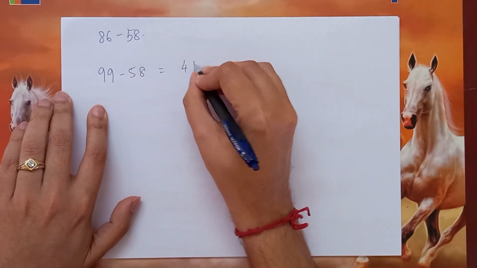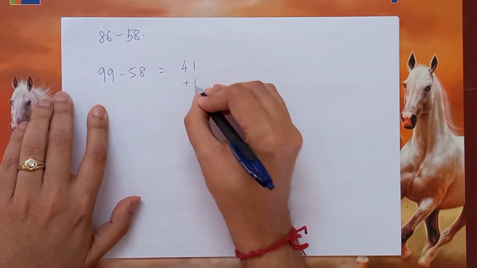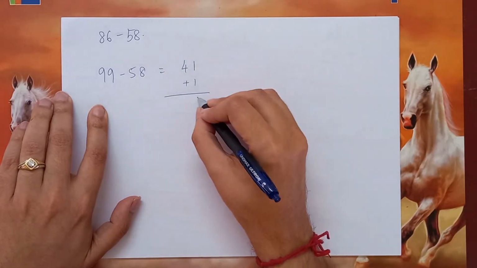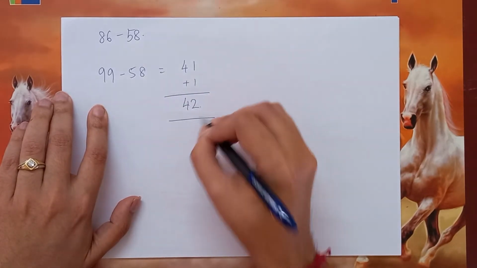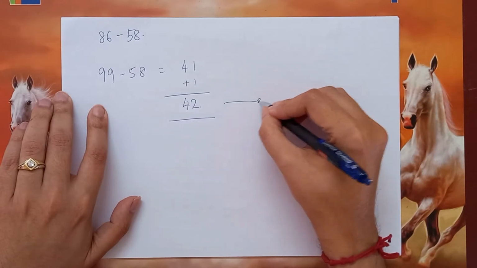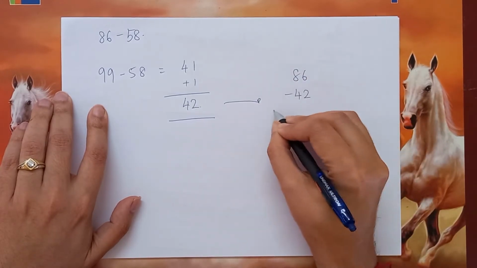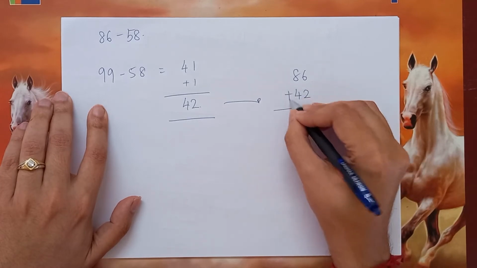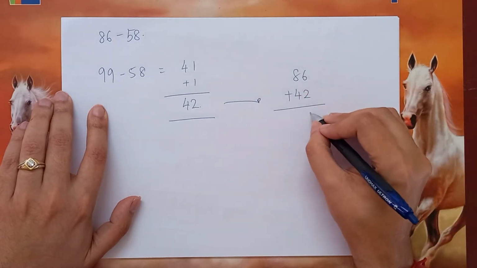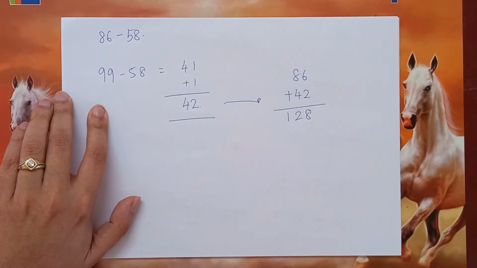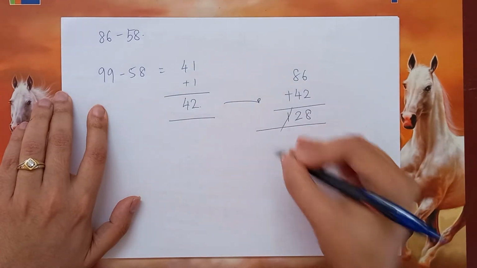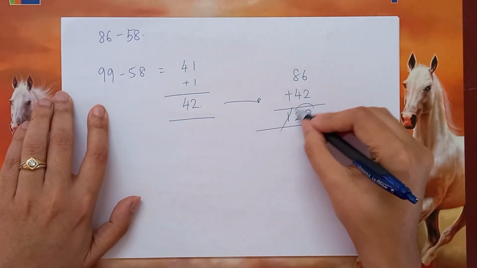I will get 41. What I will do, I will add 1 here itself, that is 42. Finally, when I add this to the first number, 86 plus 42, in this case you can simply discard this one and the answer is 28.